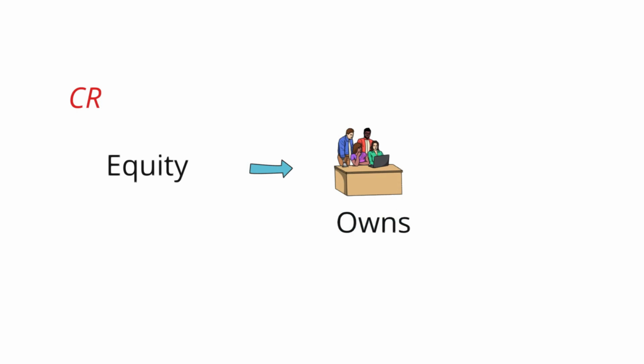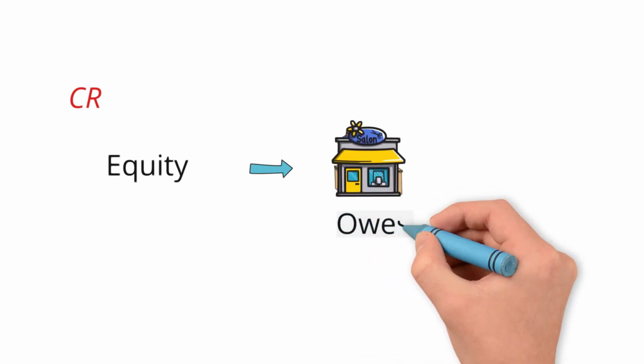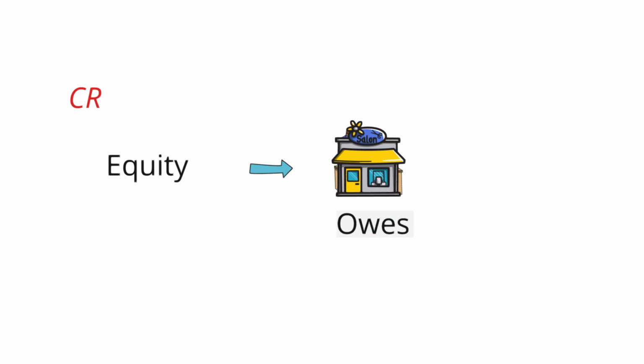Based on accounting principles, the business and the owners are treated as two different persons, and therefore the equity is actually a liability of the business towards the owners. And that's the reason why equity is a credit. So in essence, the same treatment as a liability applies to equity as well. That is, an increase in equity is a credit and a decrease in equity is a debit.